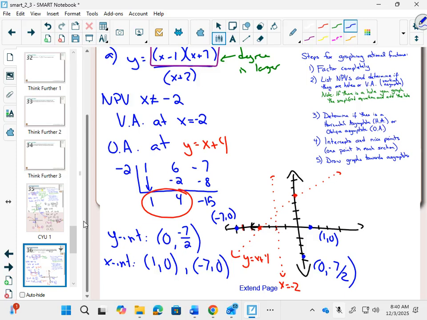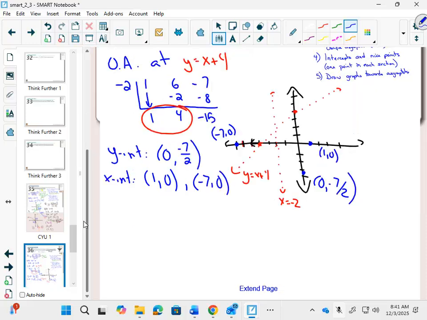So the question after you've labeled your intercepts is, do I have enough points to draw the graph? And to figure that out, you need to have at least 1 point in each section. So the question is, how many sections does this graph have? Well, the sections are separated by your vertical asymptote at x equals negative 2.